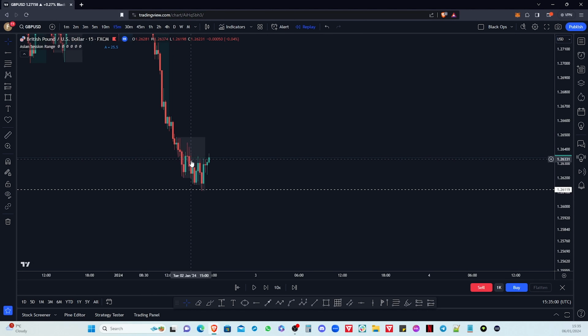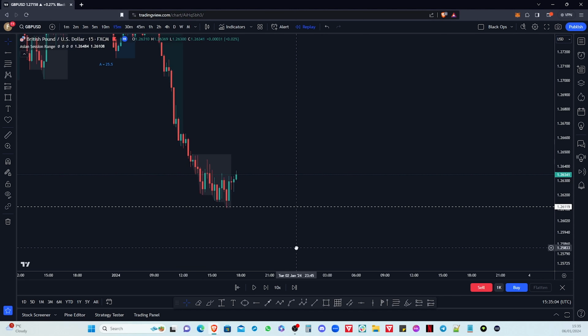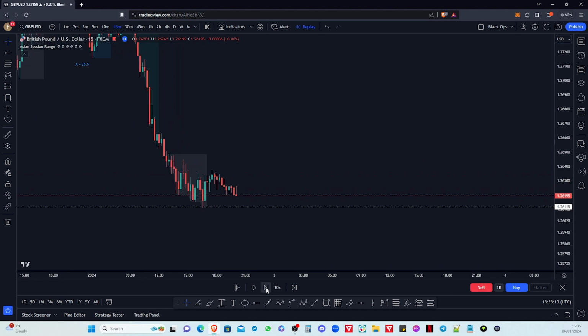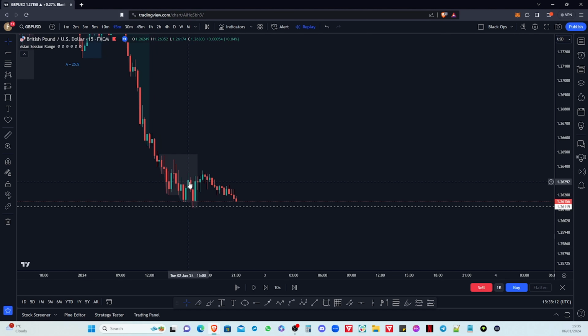If I look here, where is the structure that needs to be broken? Let's just let price run on a bit more. At this point, it would have been this high that I need broken first.